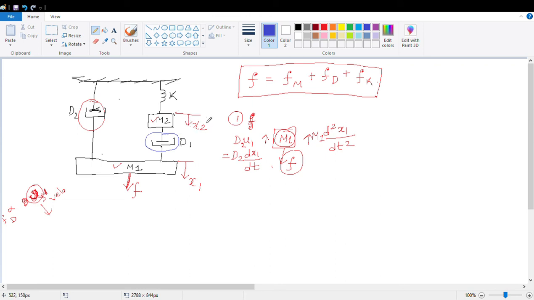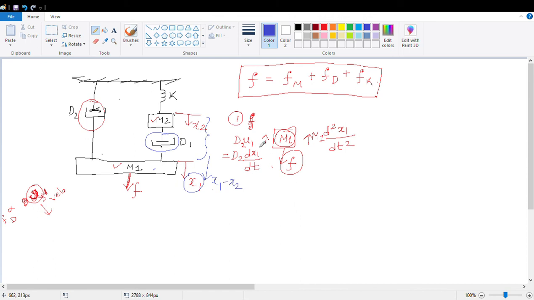So what is the net effective displacement of D1? It is x1 minus x2. Why am I taking x1 first? As I am considering M1, I give priority to the displacement x1, so I write x1 prior to x2. So this is x1 minus x2.